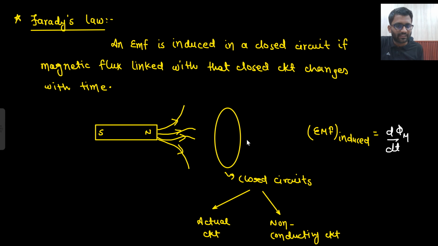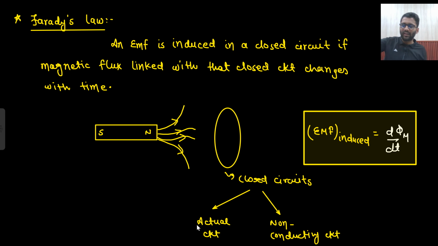If you are moving a magnet, or if anyhow the magnetic field is getting changed across this closed circuit, then it will induce an EMF. EMF is nothing but voltage only. So it will generate some voltage, and that voltage will be equal to d by dt of magnetic flux, which means the change of magnetic flux with respect to time. So this is what Faraday said.